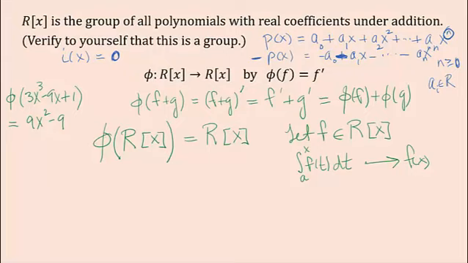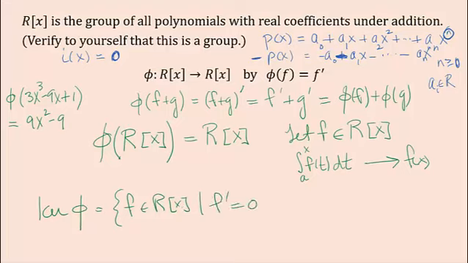Now, what about the kernel of phi? The kernel of phi will be equal to the set of all f in R[x] such that phi of f is the identity, the zero polynomial. Well, in other words, f prime is equal to 0. That's the kernel.